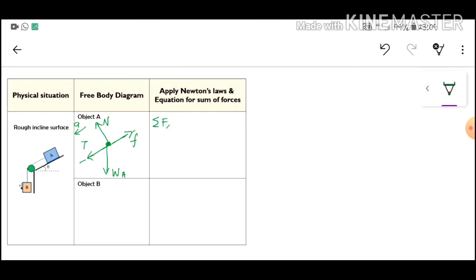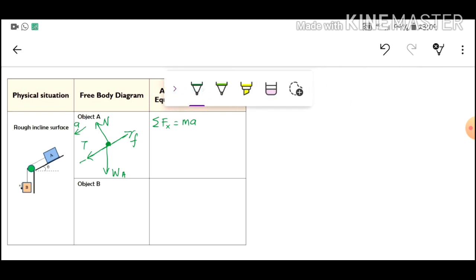Sum of Fx is equal to ma because the object is moving with acceleration a. Do take note that Wa is not along the y or x axis, so we need to resolve Wa into the y component and x component.